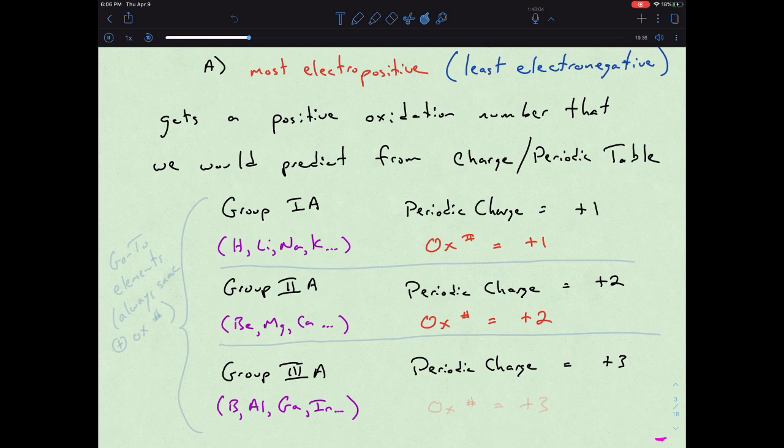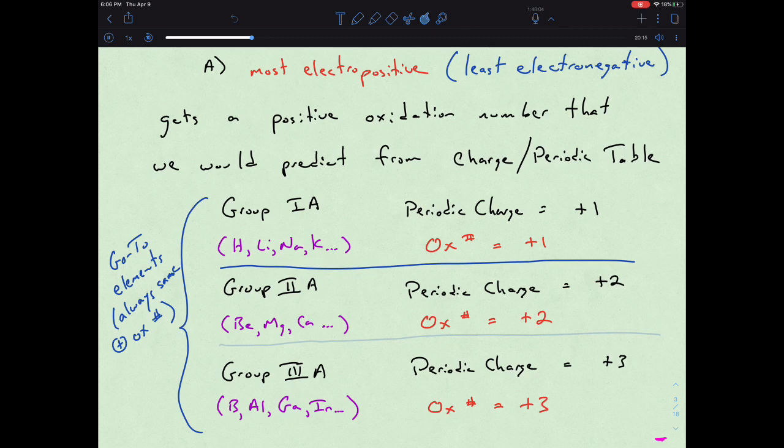But as far as our oxidation number, that still holds pretty true, that we have a +3 for those. So these are what I would say are go-to elements, they always have the same positive oxidation number. So there are these families that we have. And so that splits it up.